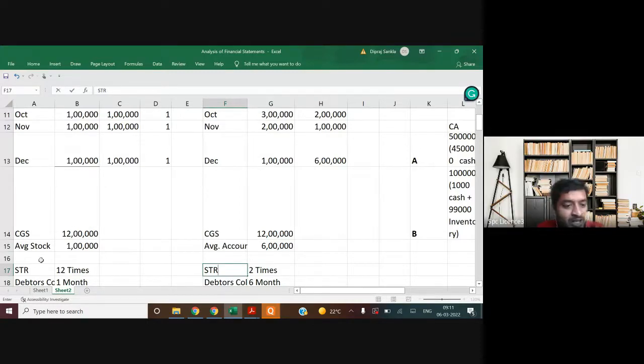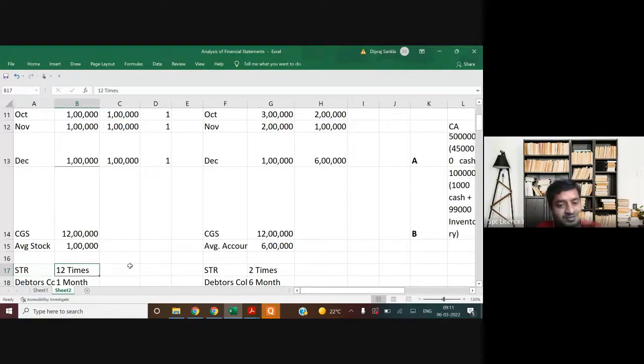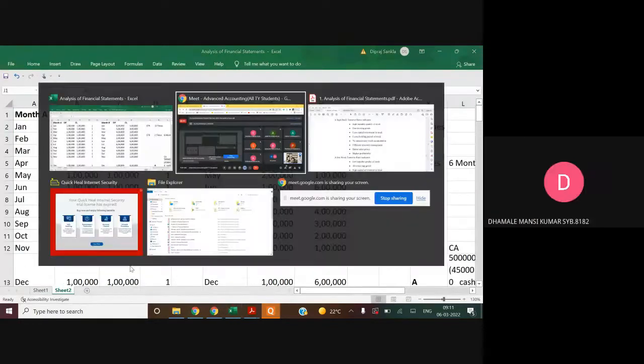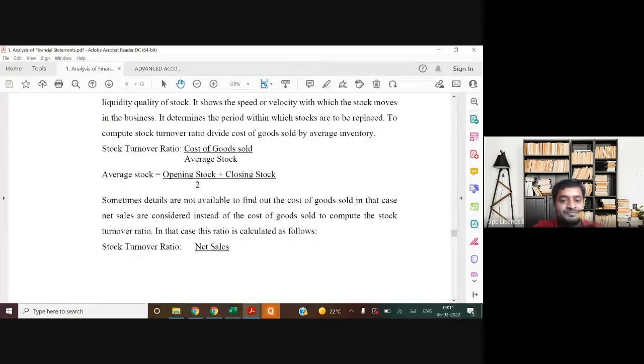So what is the formula of stock turnover ratio? We divided cost of goods sold by average stock. This is the formula, right? Look at the notes. Now what is the formula here?